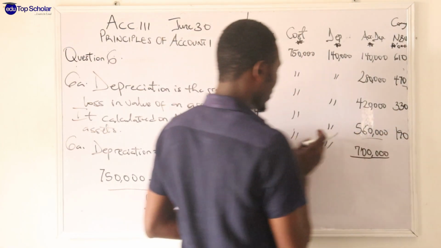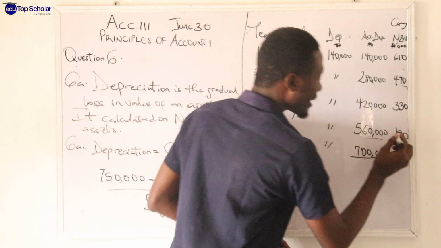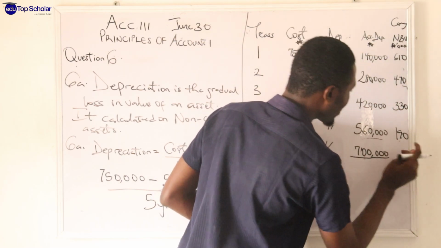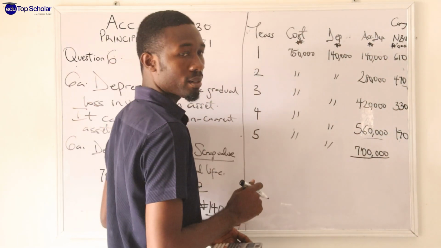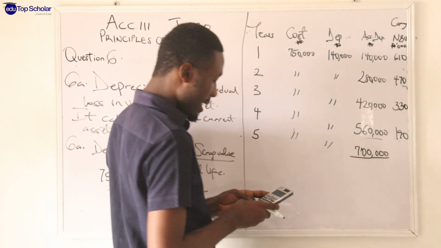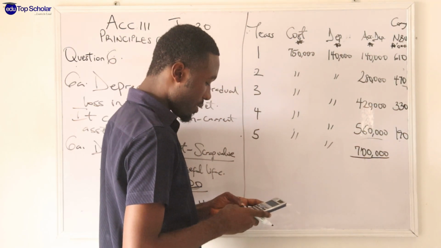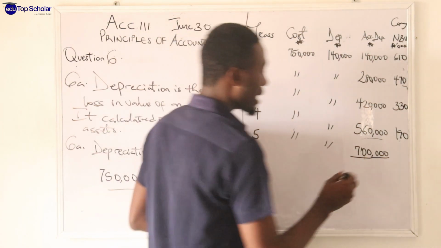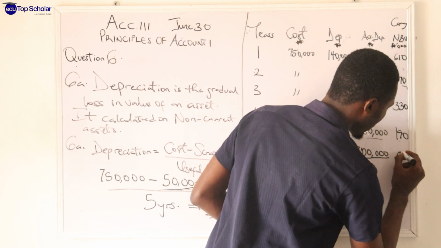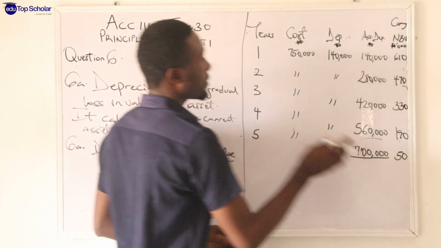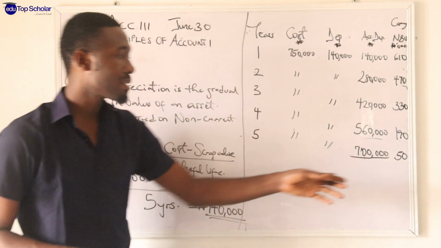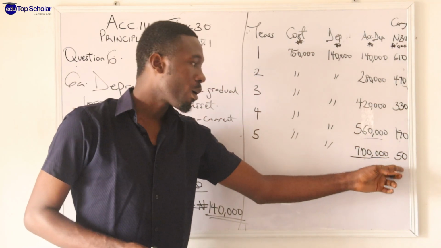So this asset has a value of 190,000 as at the fourth year. That's what we are saying. Then 750 minus 700,000, that is 50,000. That is your net book value as at the last year of the asset.